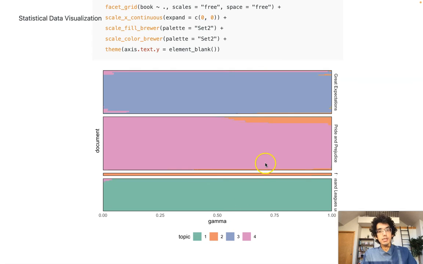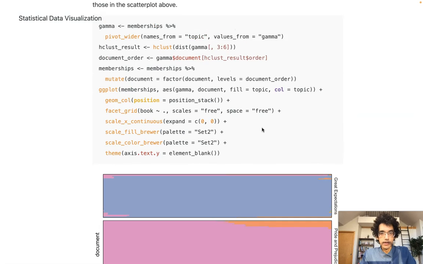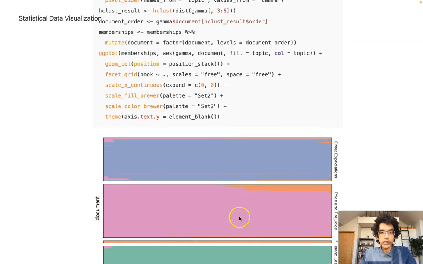But you can imagine in more subtle examples, there's not going to be such a hard separation between topics. Then you start seeing more gradation where the colors are smoothly varying. That might mean that within that group, you actually have some gradation across the words that are used. One detail that makes these plots look a lot nicer is that you want the mixture memberships, when they're similar, to be placed next to each other on the plot.